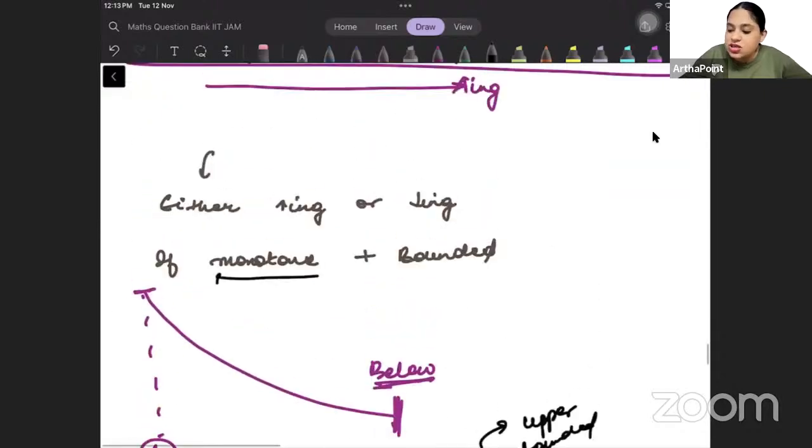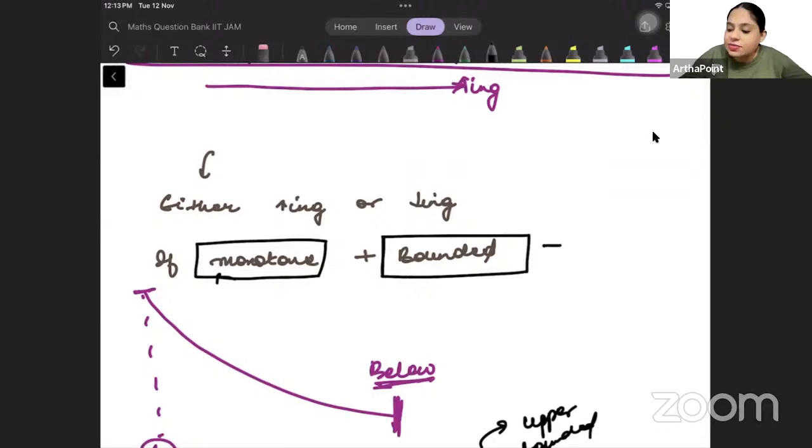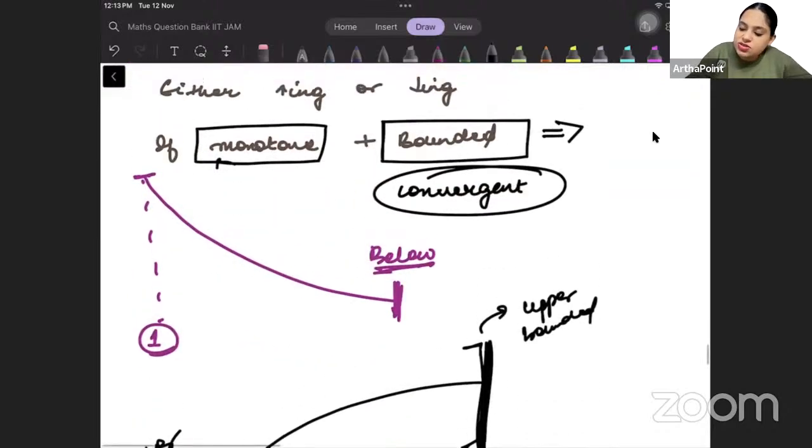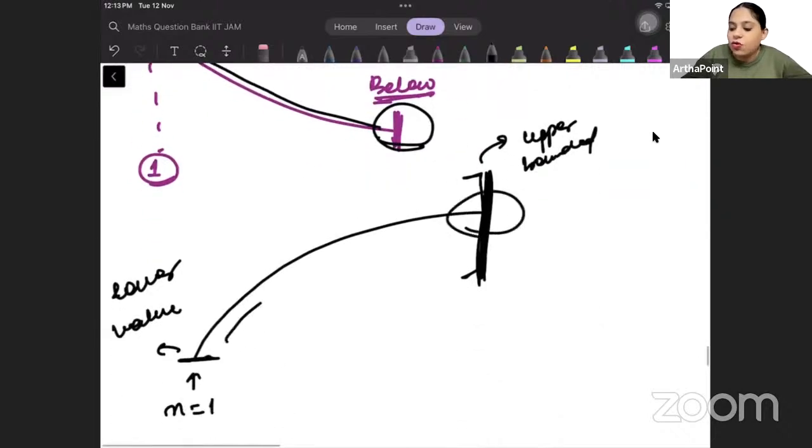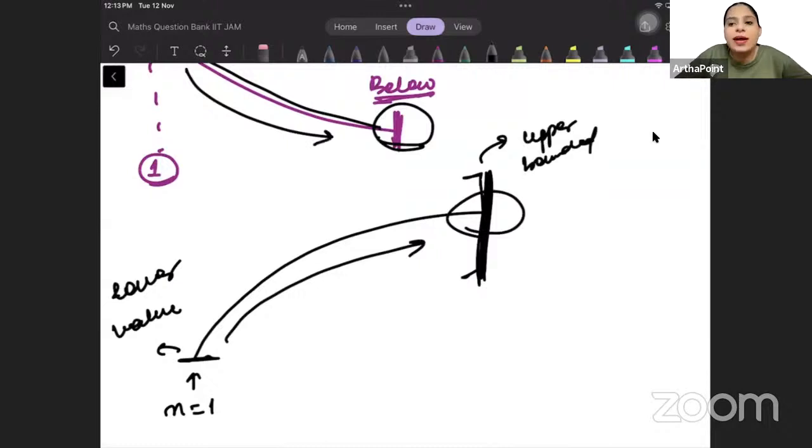So a monotone sequence which is also a bounded sequence basically becomes a convergent sequence, because it is converging to some value, whichever value it is bounded below or bounded above by, it would be converging to that value. So it is going to be a bounded sequence and therefore a convergent sequence.